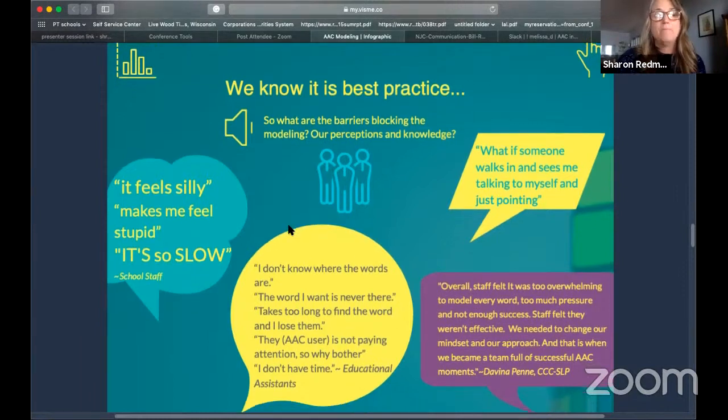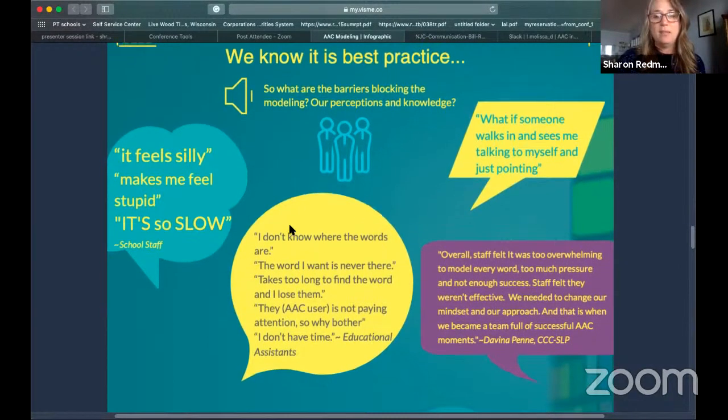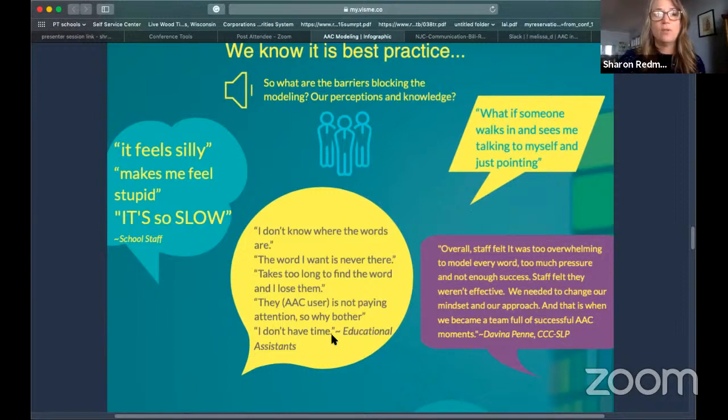And another big piece that we saw in this, over and over again, and it was shocking, was "I don't know where the words are." Over the years I've tried to explain that's okay, just use the words that you know. Here's how we search for words.